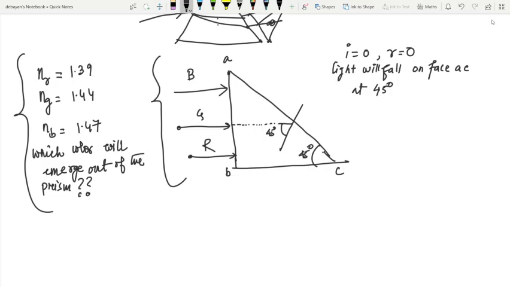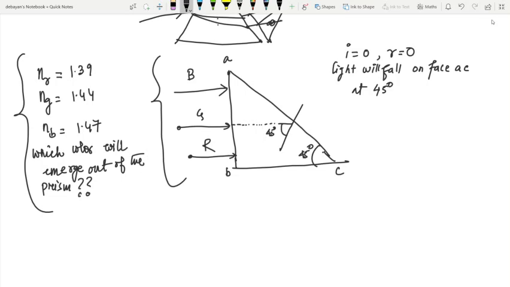So we can write sin i should be less than sin C, where sin C is 1 by refractive index, and i is the angle of incidence. So sin 45 degree should be less than 1 by n, so n is less than root 2, or 1.41.